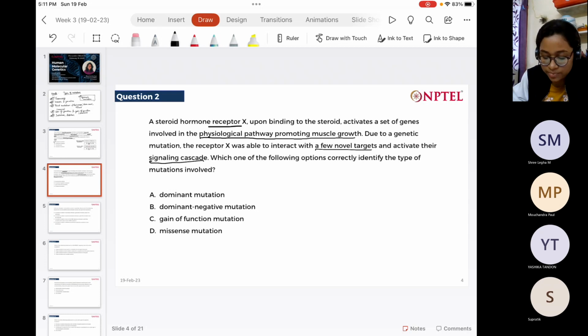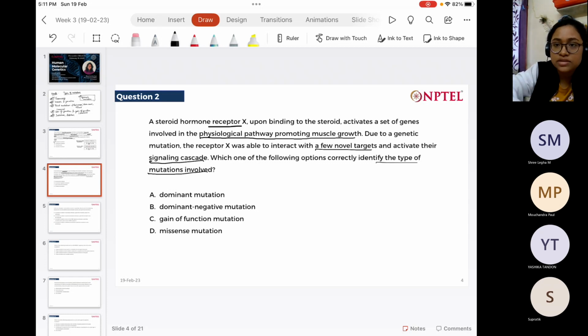Normally it is involved in muscle growth, but due to mutation, it is able to interact with novel targets. So identify the type of mutation. These are the options: dominant mutation, dominant negative mutation, gain of function mutation, missense mutation.